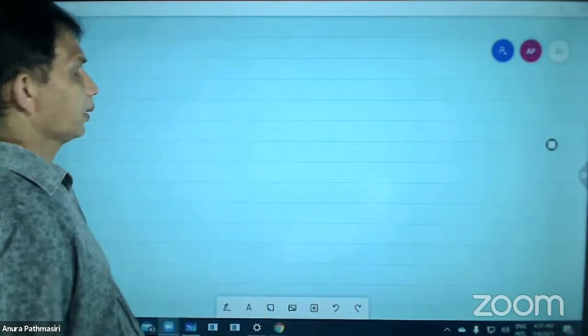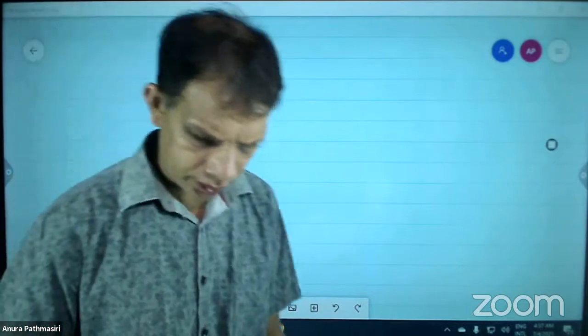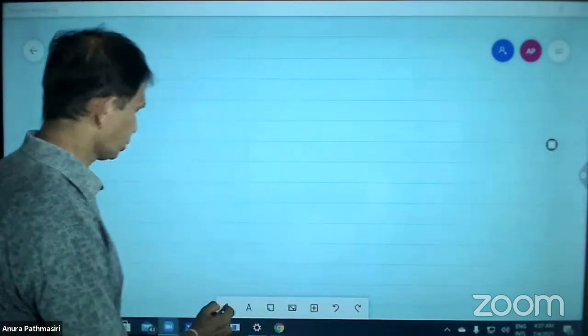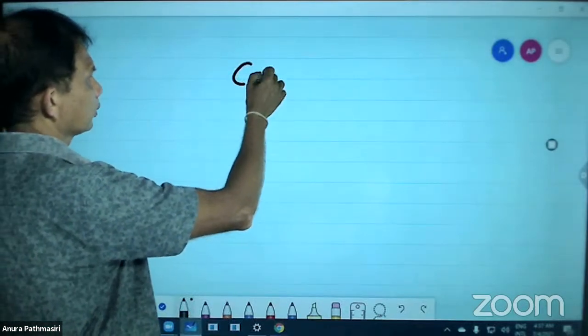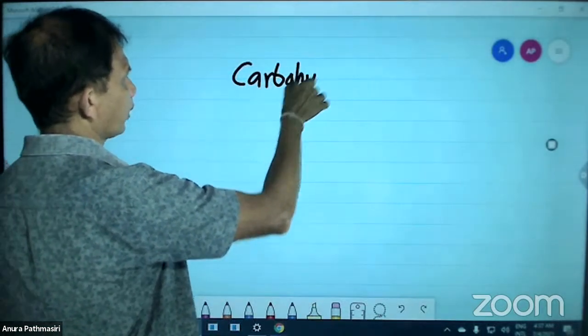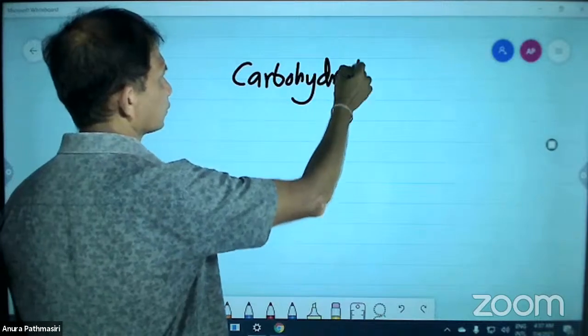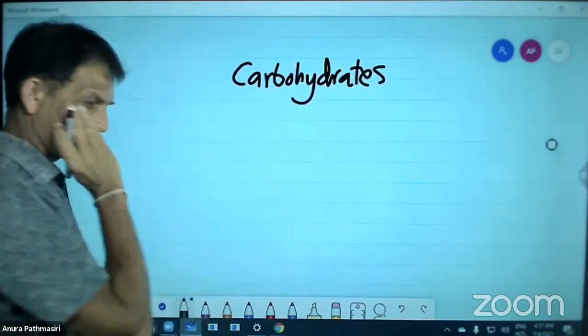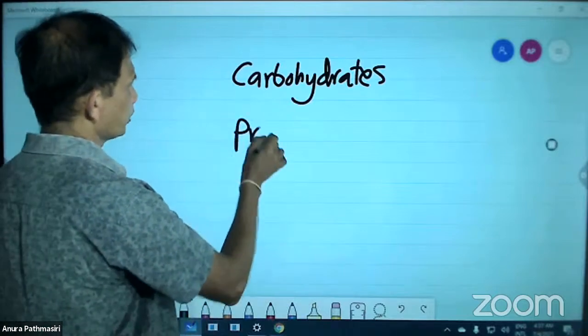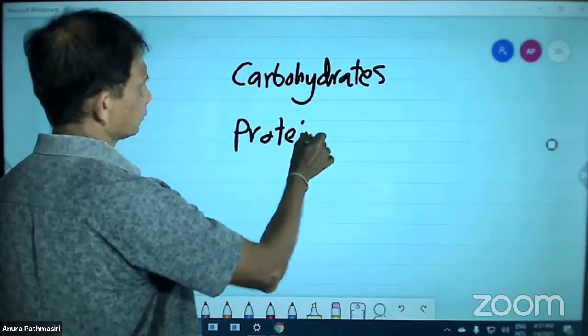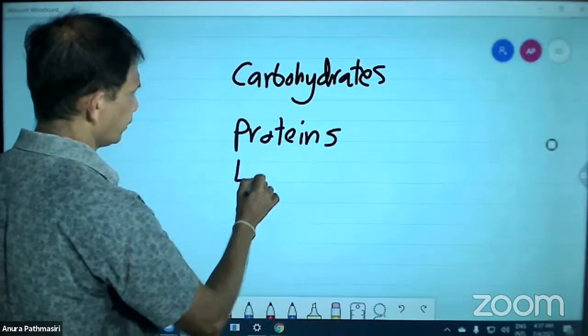So now, there are four biological molecules, as I told you: carbohydrates, proteins, lipids and nucleic acids.